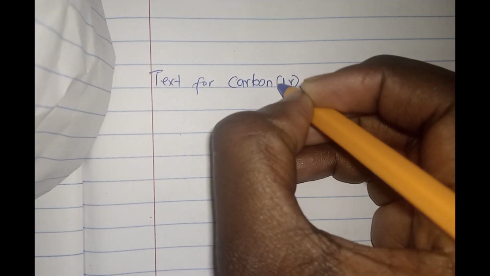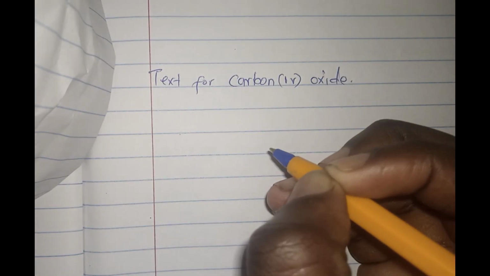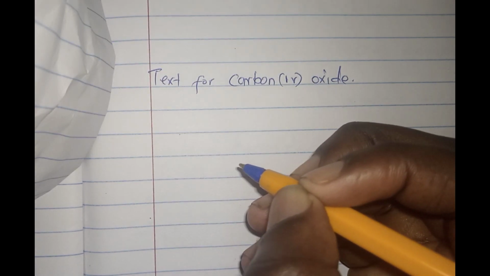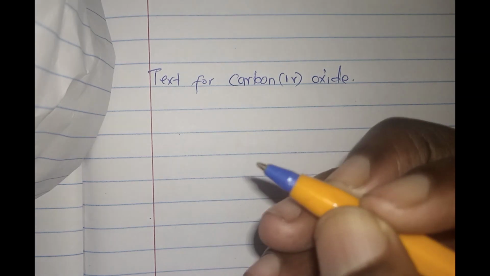We have now the test for carbon dioxide. When carbon dioxide gas is bubbled through calcium hydroxide solution, which is the lime water, a white precipitate is formed.